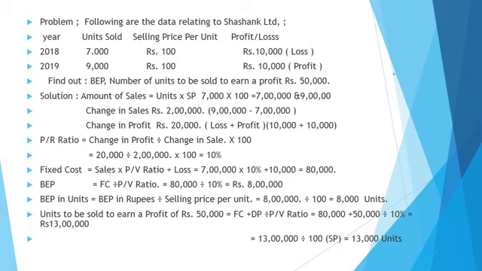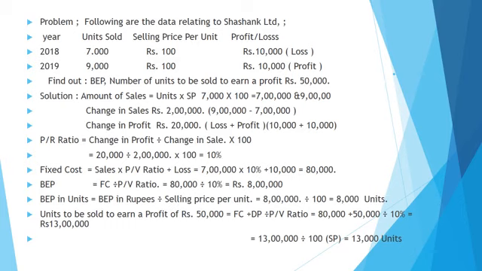Now we have to calculate BEP in units. BEP in units is equal to BEP in rupees divided by selling price per unit. 8 lakh rupees divided by 100 is equal to 8,000 units. Then we have to calculate units to be sold to earn a profit of rupees 50,000. The formula to be applied is fixed cost plus desired profit divided by PV ratio.